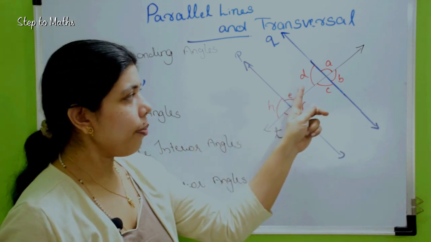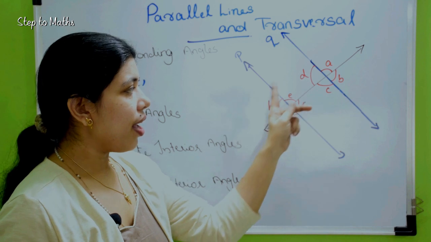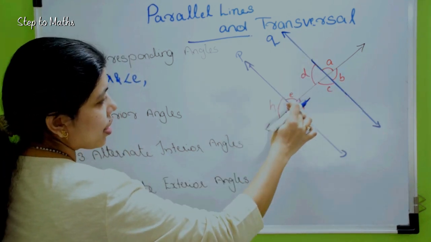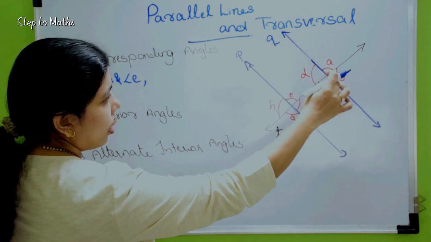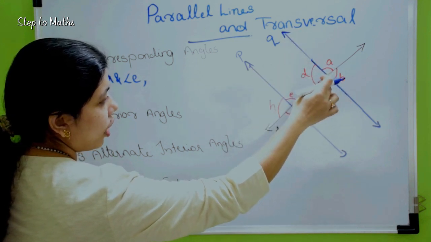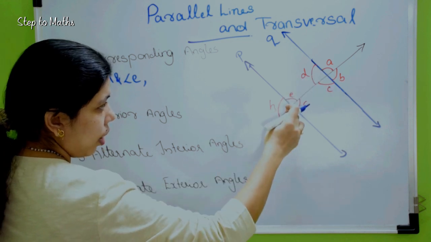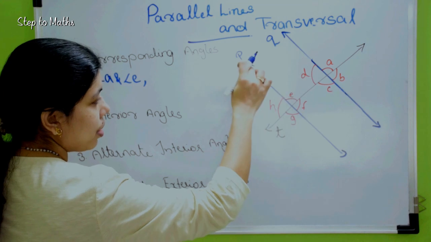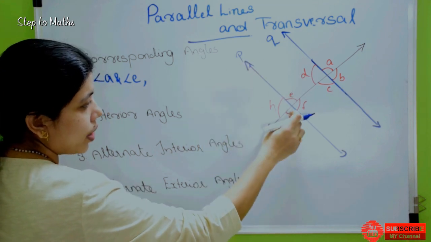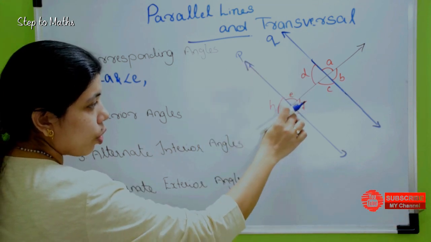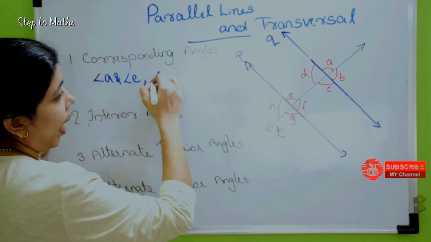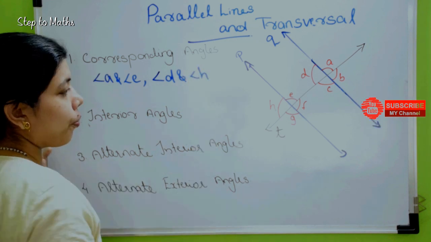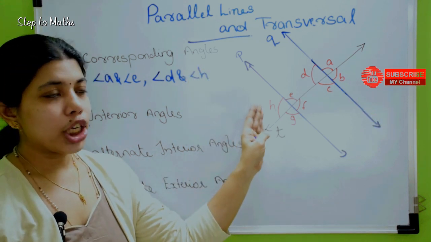In the same way, angle D and angle H. Angle D is on the same side and the arm on the transversal is in this direction, downward. Similarly angle H, the arm on the transversal is in the same direction. So angle D and angle H are another pair of corresponding angles.